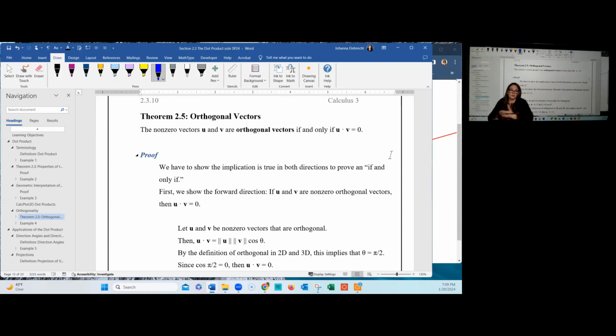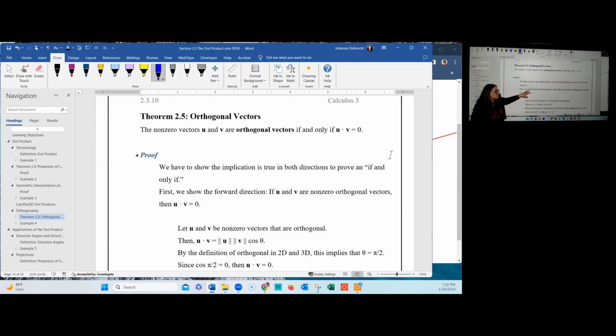So to prove this, we have to prove both directions. We're told that the vectors u and v are not the 0 vector. So that's given. We want to show that if u and v are orthogonal, then the dot product is 0. And then we have to go in reverse. If the dot product is 0, then they have to be orthogonal. So we're going to prove both directions.